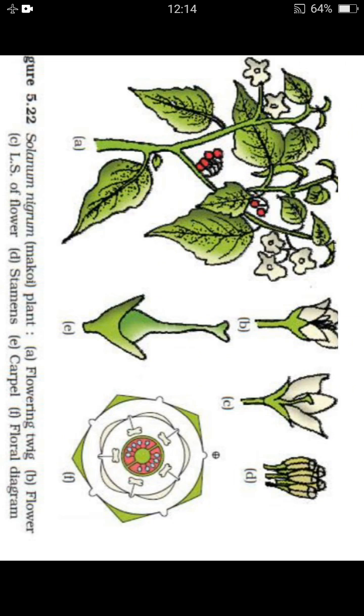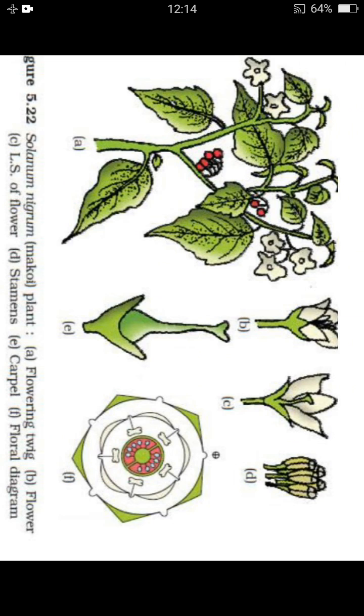Why is it commonly called as potato family? Because vegetable potato is included in this family, that's why it is called as potato family. You know, potato is a vegetable which can be eaten by people of all countries in the whole world.